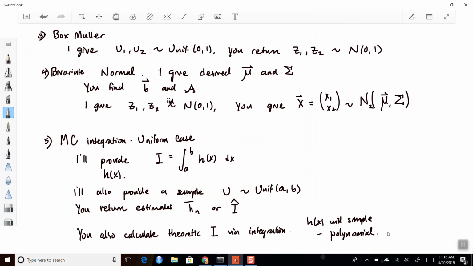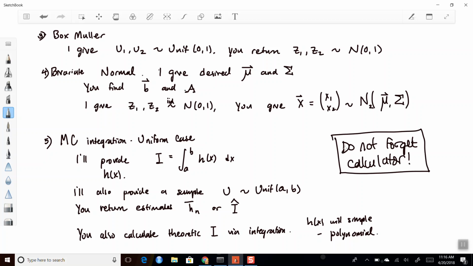Yes, you definitely need a calculator. Do not forget your calculator, all right? Do you need rulers? No rulers. Questions?